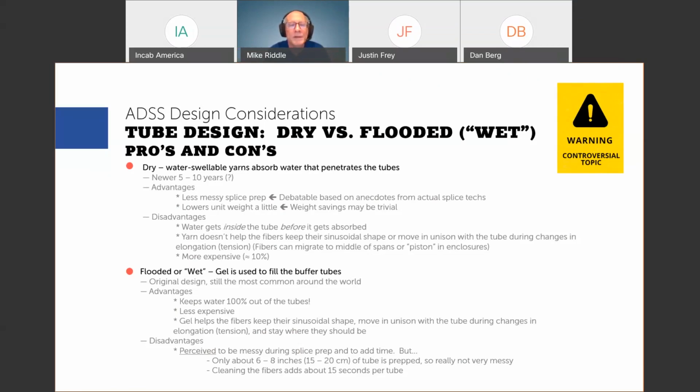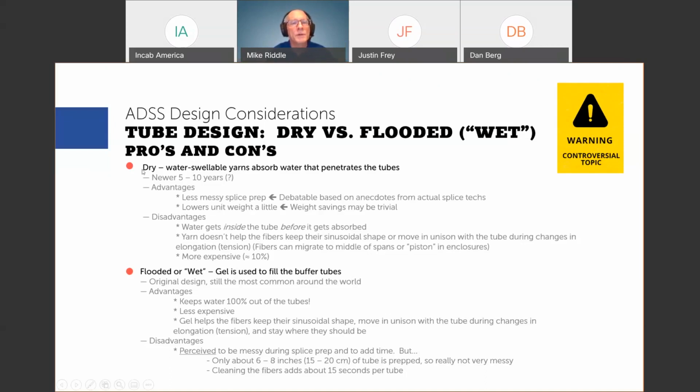It takes 15 seconds roughly. We have video on our website of splice prep, and you can actually go look and you can time it yourself. And I have. So I think that that's not really a significant disadvantage, but it's perceived that way.